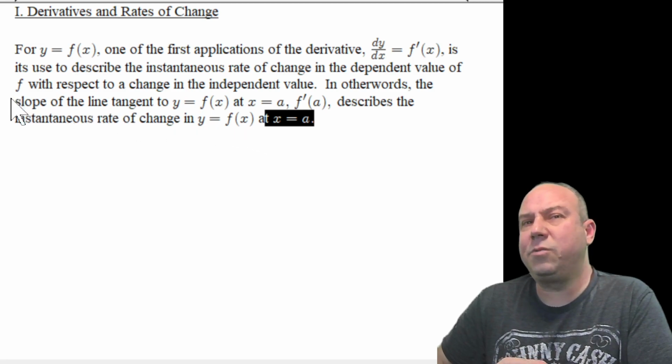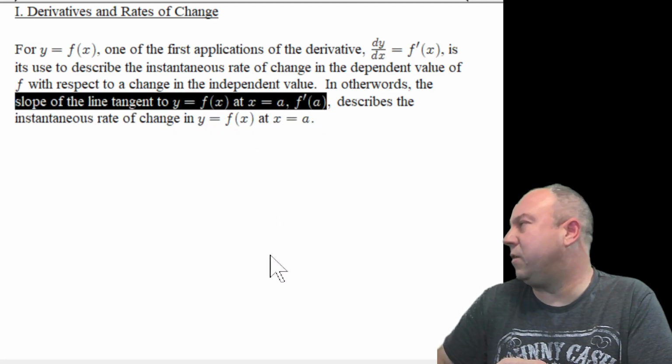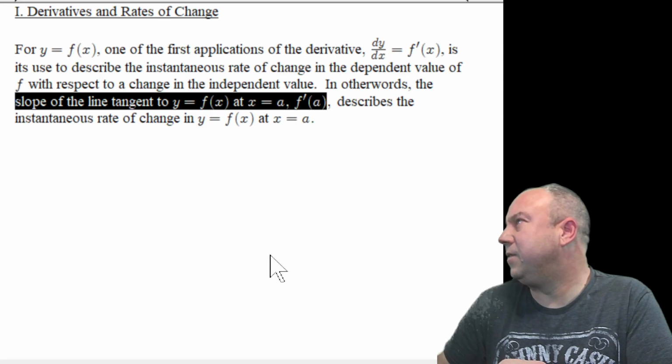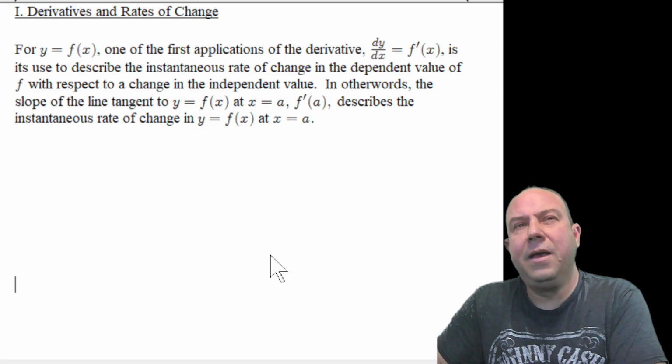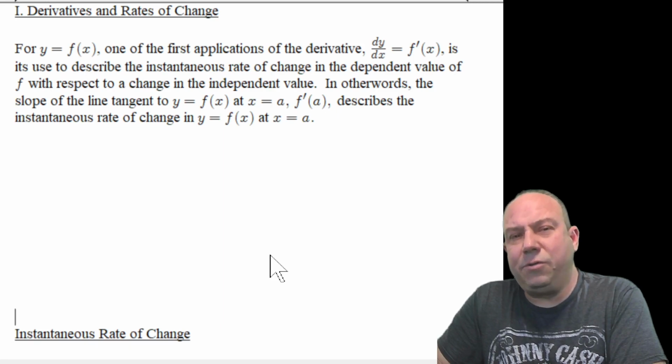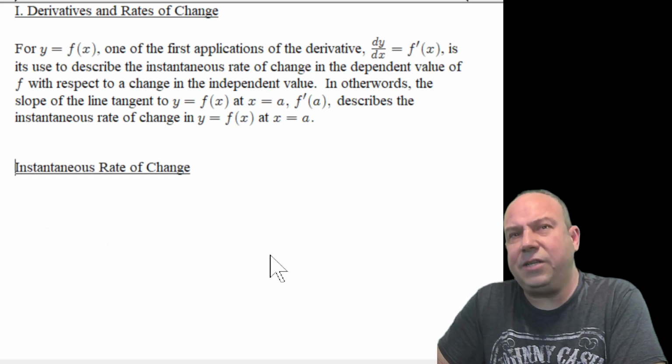And all of this is related to the slope of the tangent line, we're going to find. I introduce this as instantaneous rate of change.